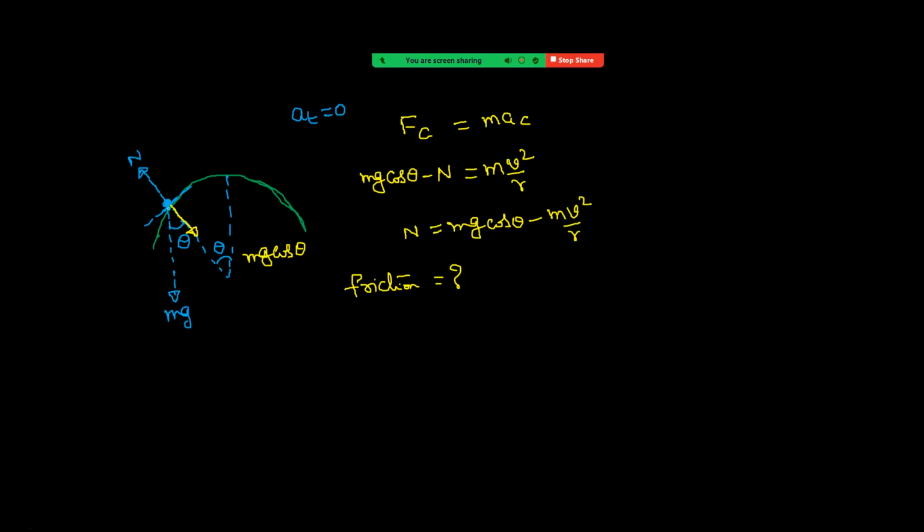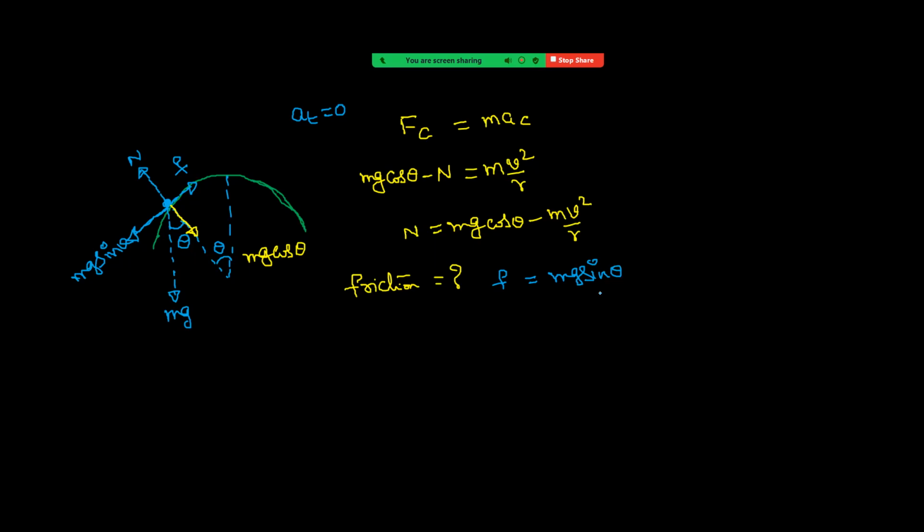I can take for the weight one component along the tangent: this is mg cos theta and this is mg sin theta. And this force must be balanced by the frictional force, right? That means frictional force is equal to mg sin theta.